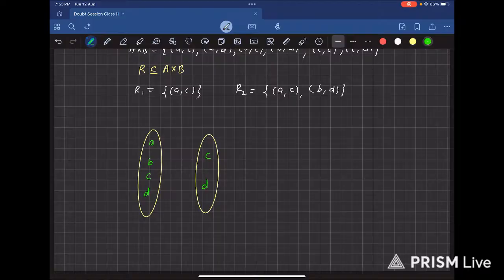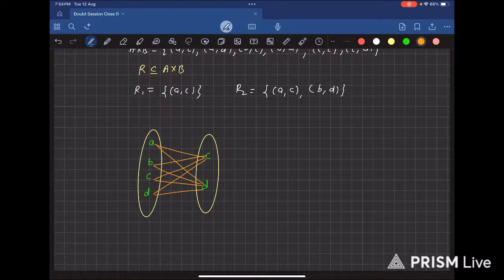So the Cartesian product goes from a to c, a to d, b to c, b to d, and so on. This is called Cartesian product. And if I take the whole elements in the relation, then it is also called relation.